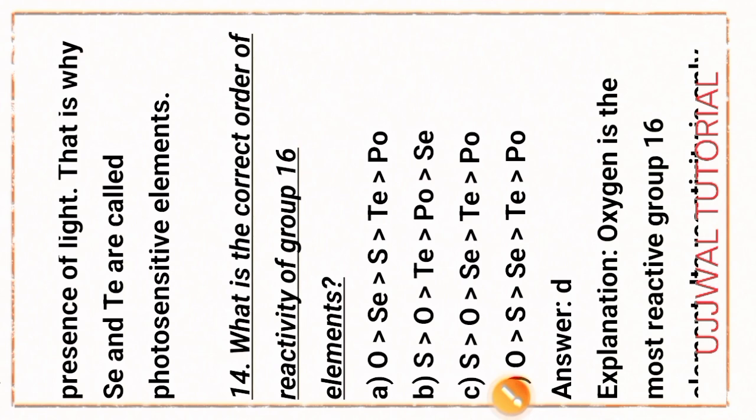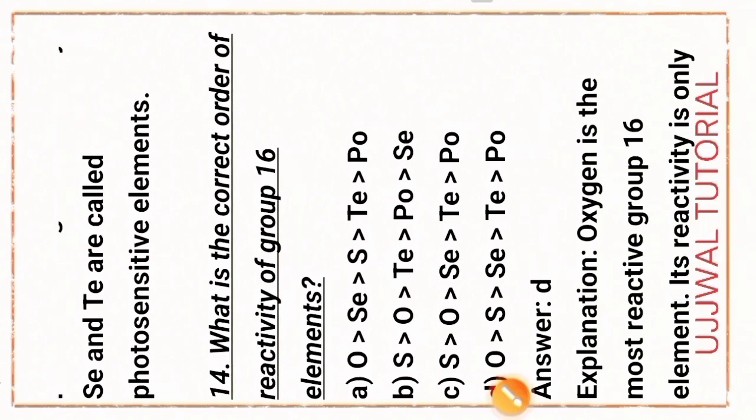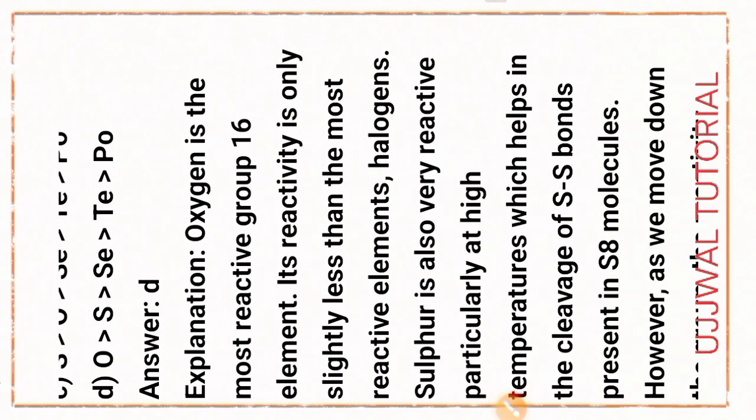What is the correct order of reactivity of group 16? That is option D. Oxygen greater than sulfur, greater than selenium, greater than tellurium, greater than polonium. To explain this part, my dear viewers, oxygen is the most reactive group 16 element.